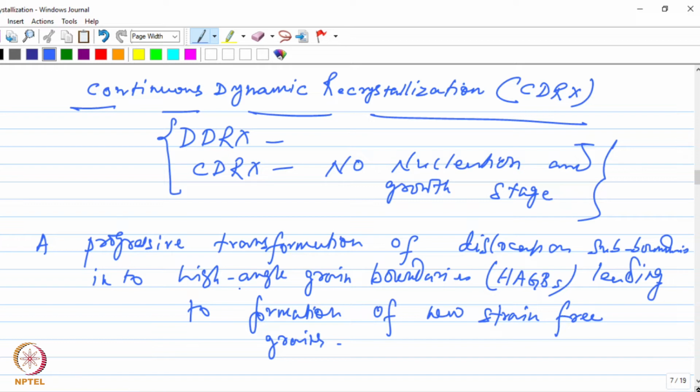In that process, more and more dislocations accumulate, and eventually there is a lattice rotation also, which turns these low angle boundaries into high angle grain boundaries, and that is how the new recrystallized grains are formed. Okay.